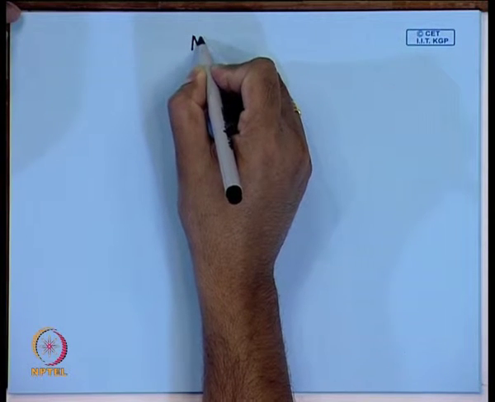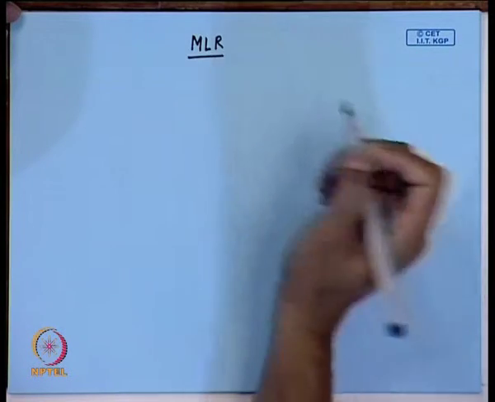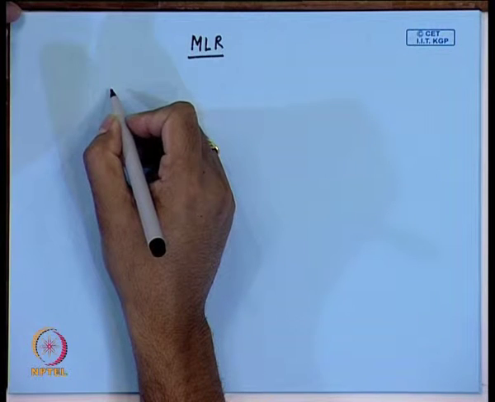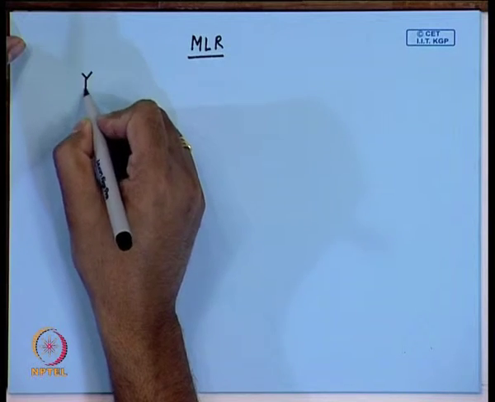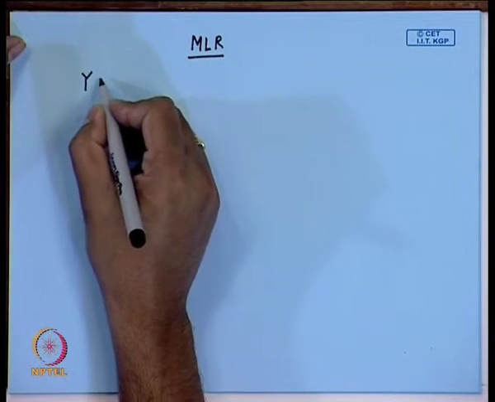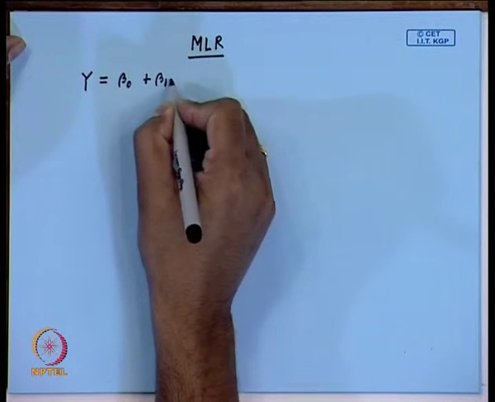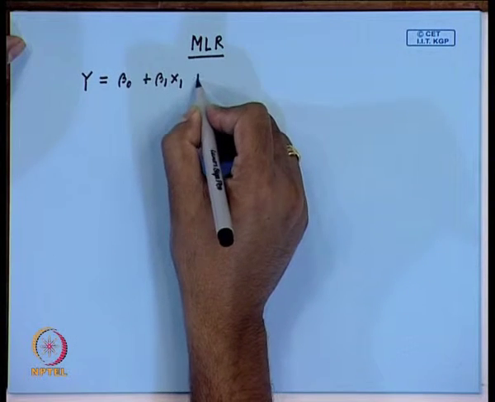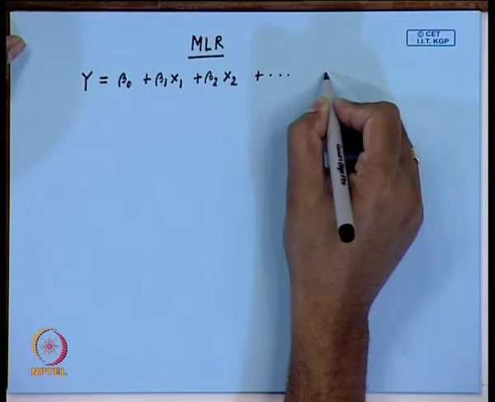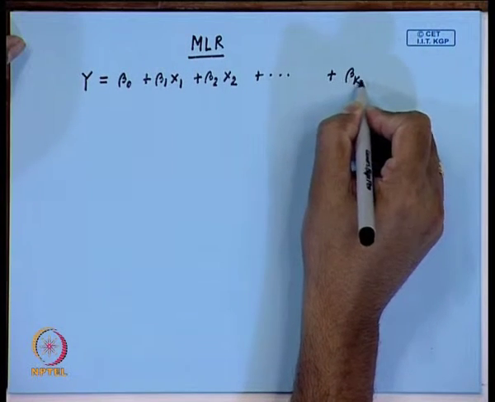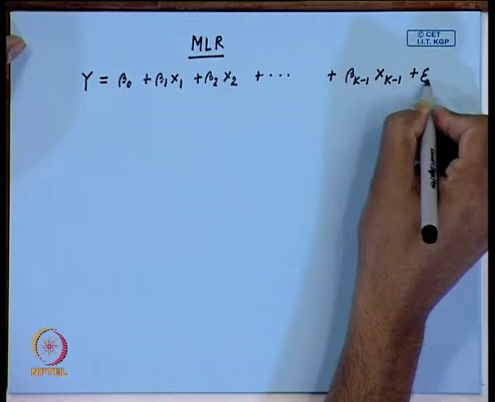We are considering the multiple linear regression setup, and we have a model with k minus 1 regressors: y equal to beta naught plus beta 1 x 1 plus beta 2 x 2 plus ... plus beta k minus 1 x k minus 1 plus epsilon.